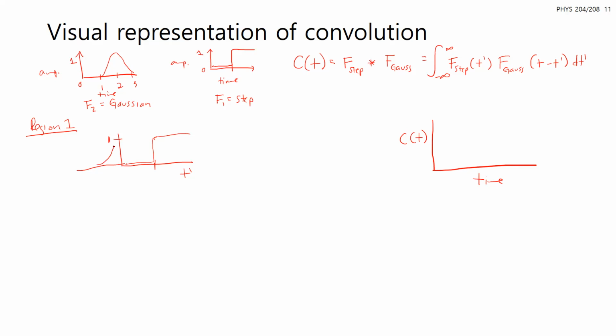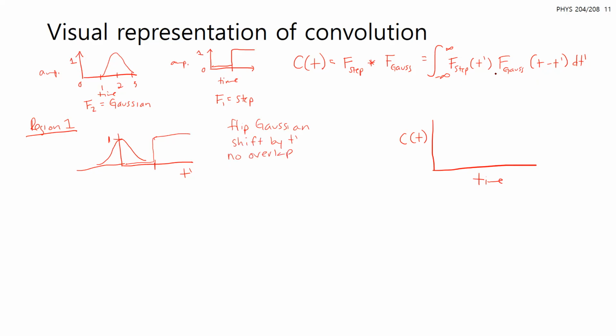Our Gaussian function, the first thing that happens is because of this subtraction here, the Gaussian function is flipped. But since we have a symmetric Gaussian, that's not very apparent. So we're going to flip the Gaussian and we'll shift it by t prime. And in this region 1 here, there's no overlap.